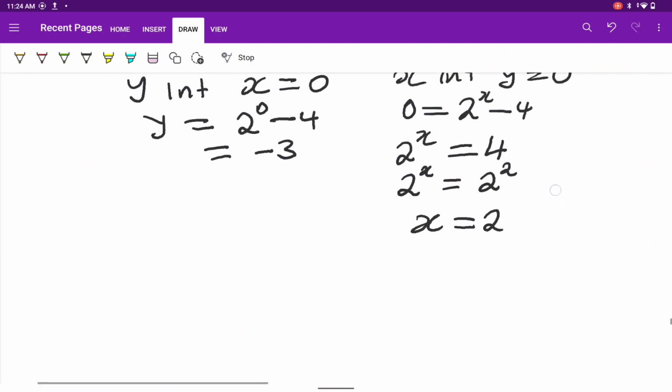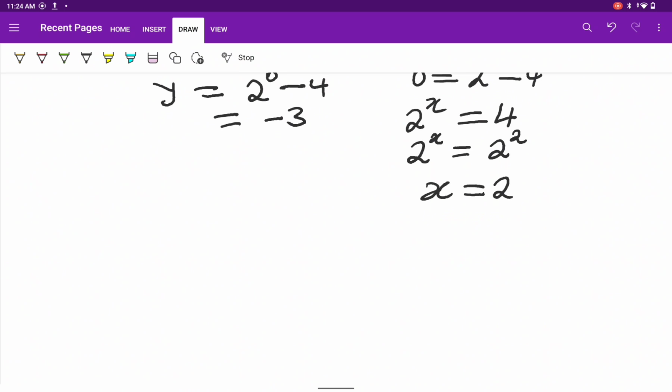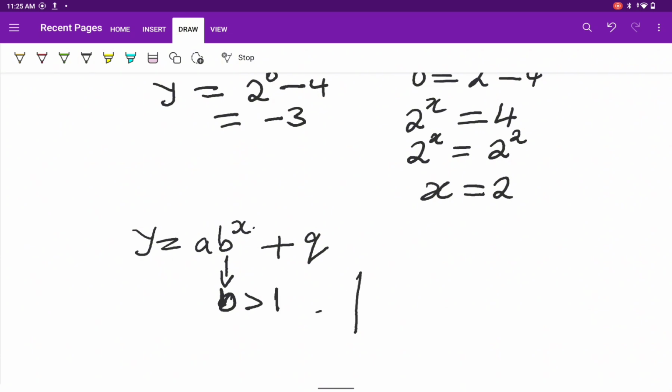We need to understand that when we draw the graph, if the value of b, remember we said we have our graph y equals a b exponent x minus or plus q, if this b is greater than 1, then our graph is going to be an increasing function like this.